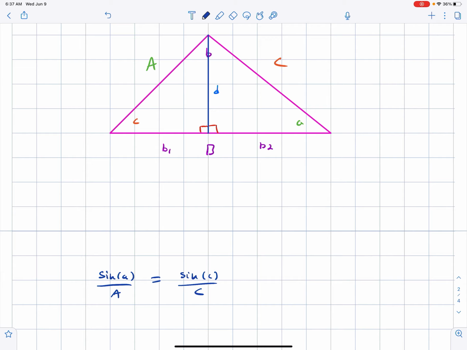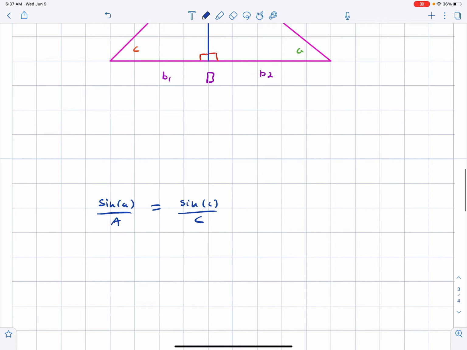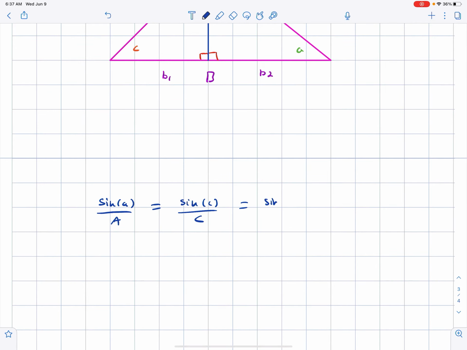So I'm forgetting about b for now. And then again connecting b, getting that final piece, which is equal to sine b over big B. We're going to leave that as an exercise. We're just going to do this bit.